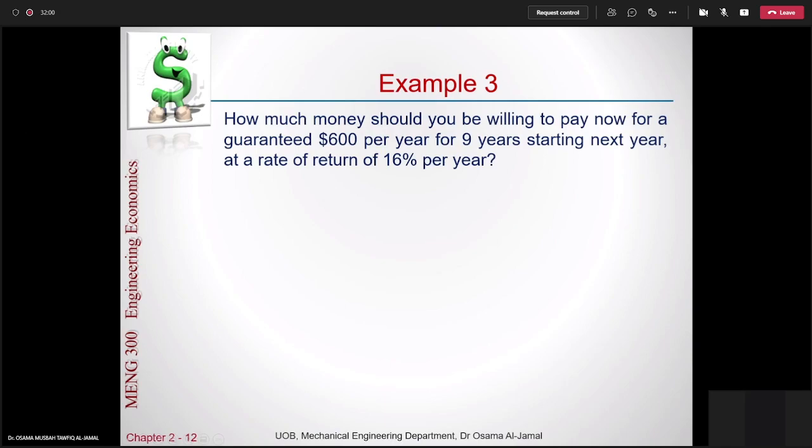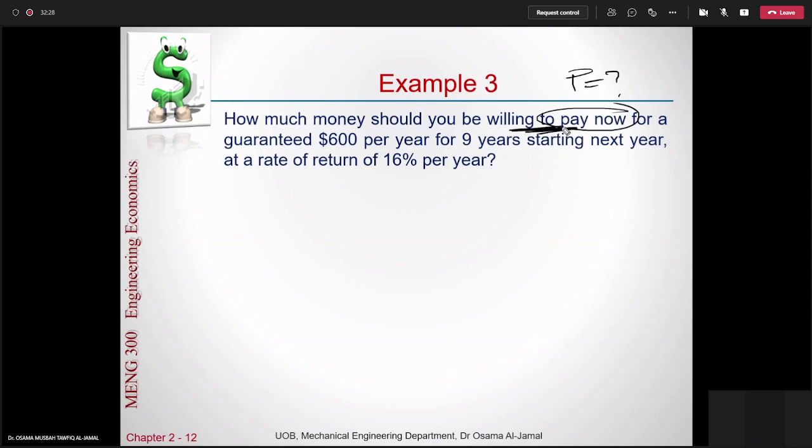The question: how much money should you be willing to pay now, which is at time 0? That one is required to find P. How do you know it's P?